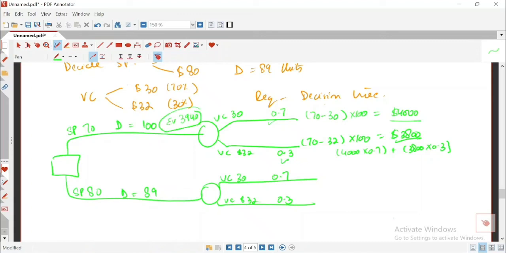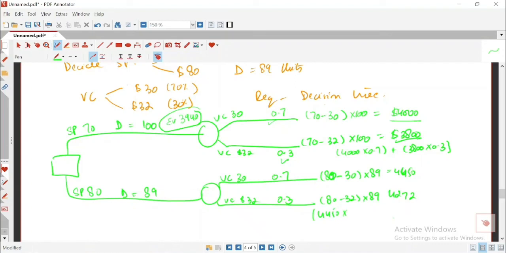Now similarly payoff हम इसका कैलकुलेट करेंगे. 80 minus 30 into 89 and 80 minus 32 into 89, which is going to give you 4440 above and 4272 here. इसके हम अगेन एक्सपेक्टेड वैल्यू कैसे निकालेंगे?